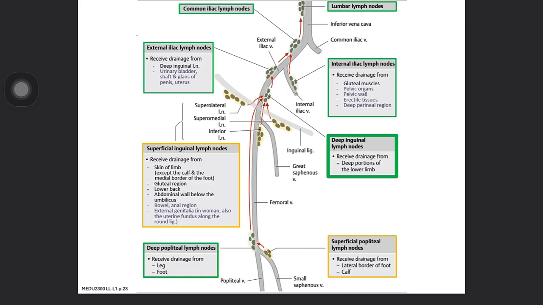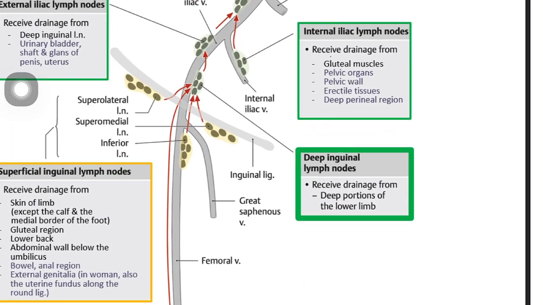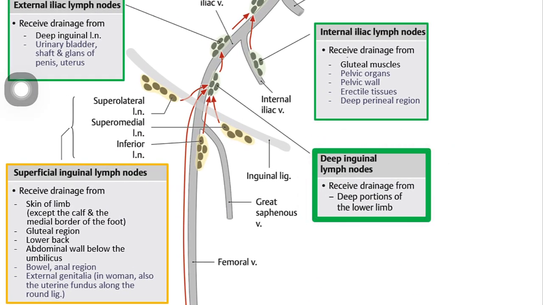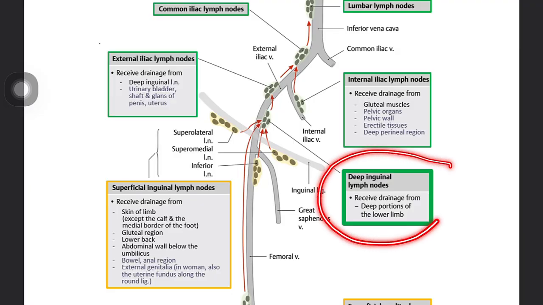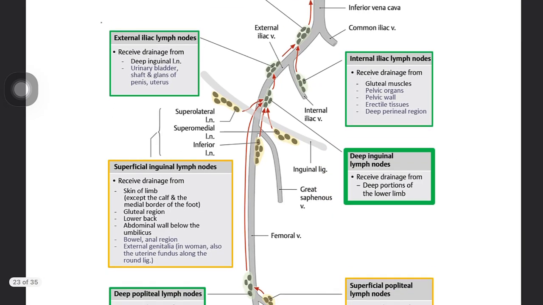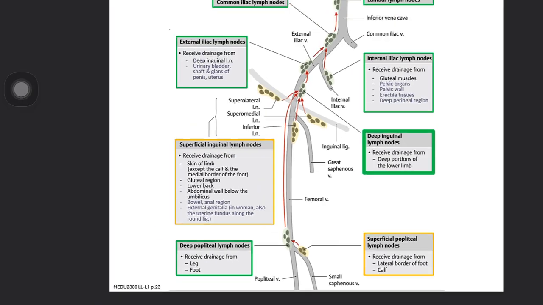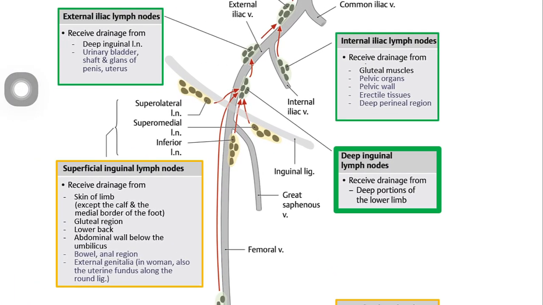So this is the same presentation for you, but it gives you more text, more information. Now, I only highlight these two because these are the deep inguinal lymph nodes. That is the major station that receives all the lymphatic drainage from these superficial inguinal lymph nodes. Okay, so put a star here.